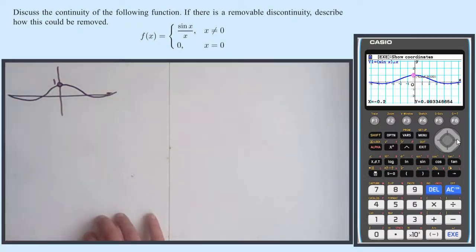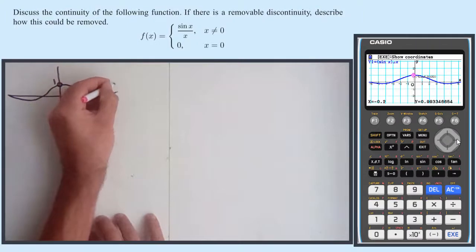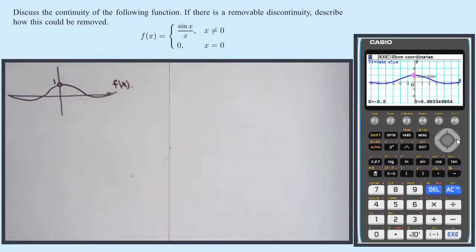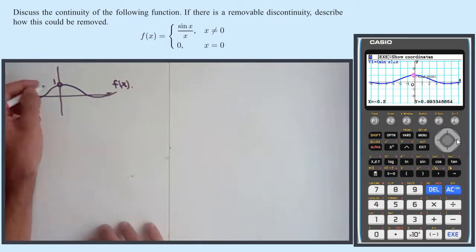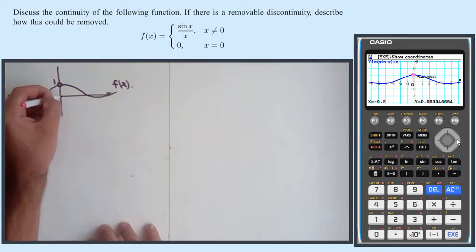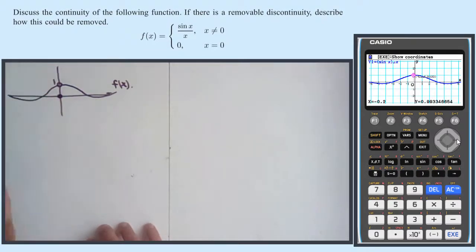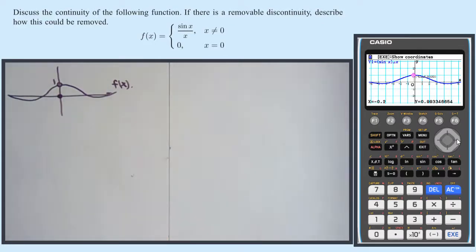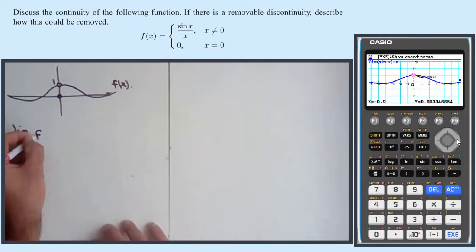So that's the function. So what's f of x? Nearly, but then we need to include this other bit. It says f of x equals 0 when x equals 0. So it's undefined here, but the actual f of x itself is defined because of this piecewise bit. So already you can see this is definitely a discontinuity, but we need to think about this limit. So the limit as x approaches 0 of f of x.